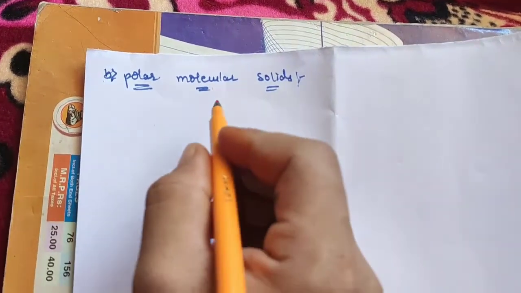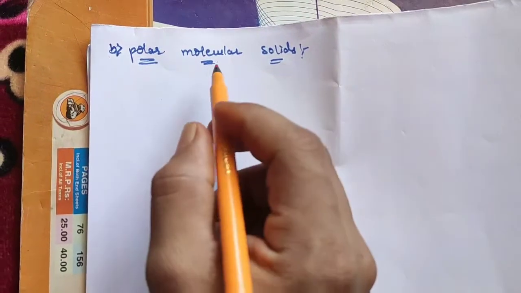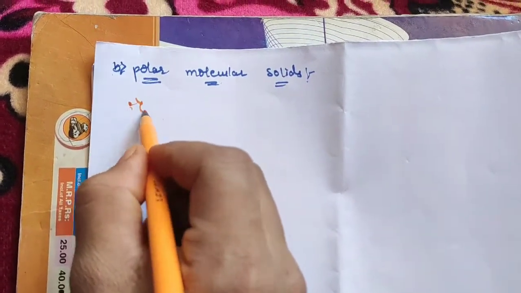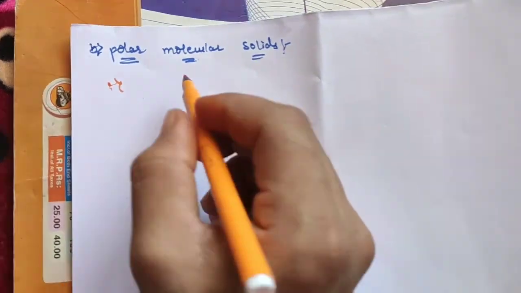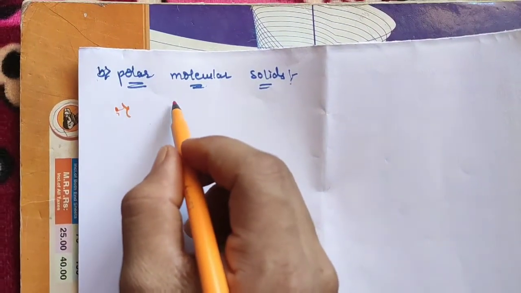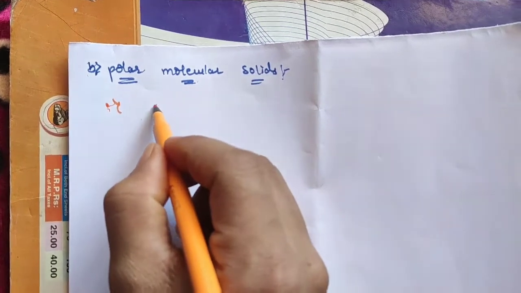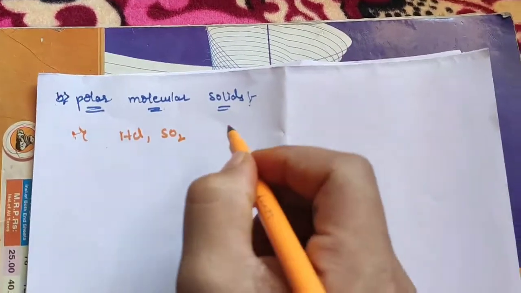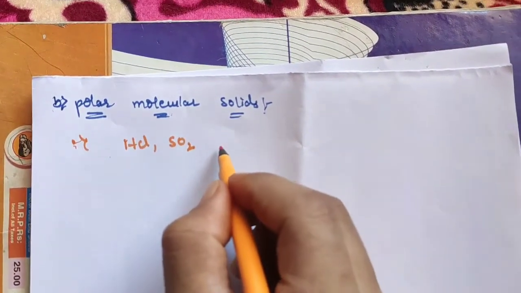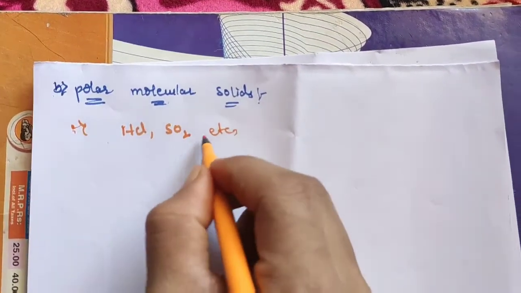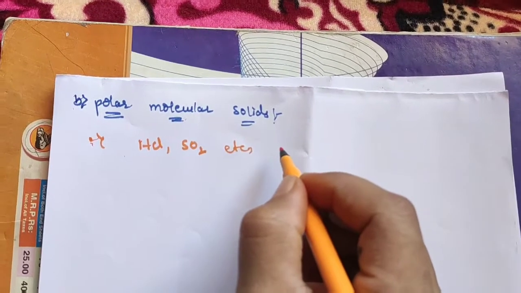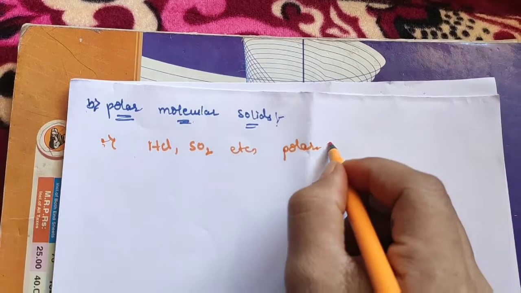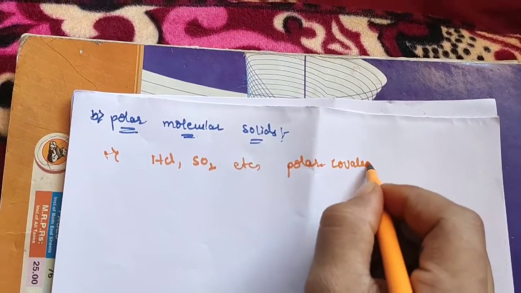The second type is polar molecular solids. In this type, the molecules of substances like HCl and SO2 are formed by polar covalent bonds.